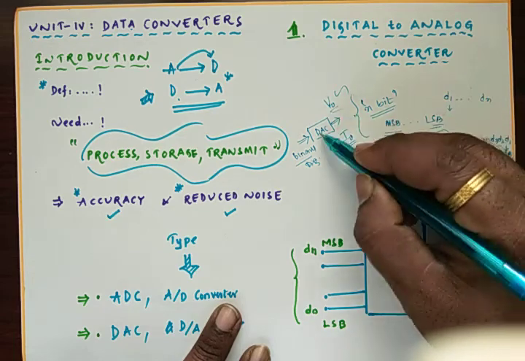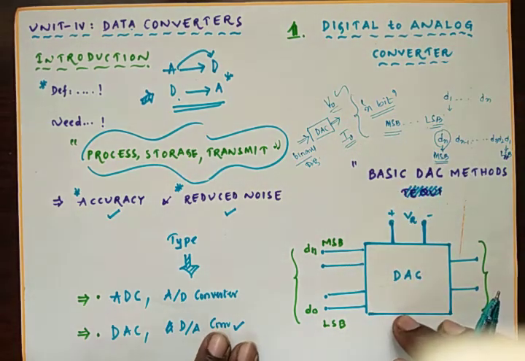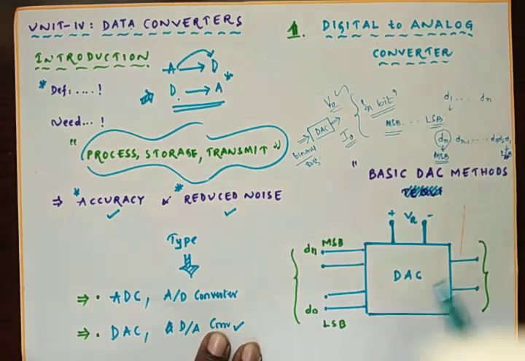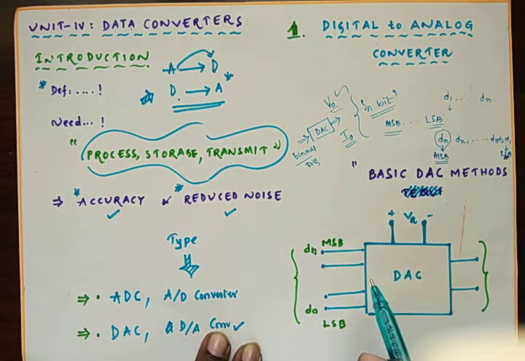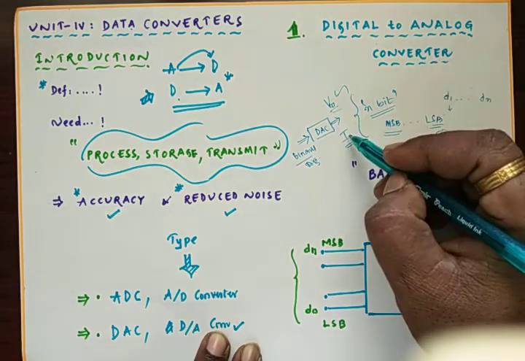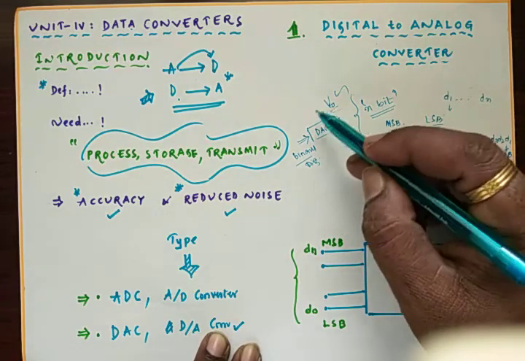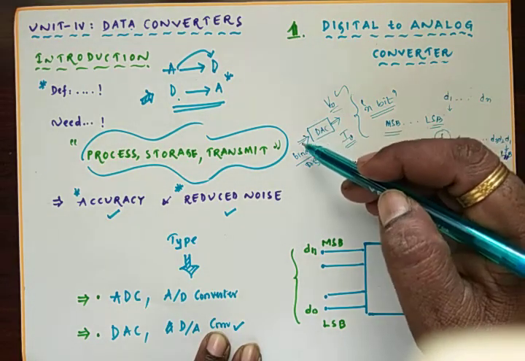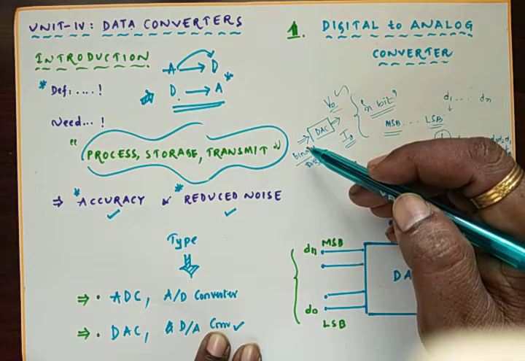That means from the DAC we can get two possible outputs. One is the output voltage, or we can have the output current. So the input of the DAC is binary, straight binary or BCD, and that will be converted into the output voltage or output current, which is proportional to the digital value.